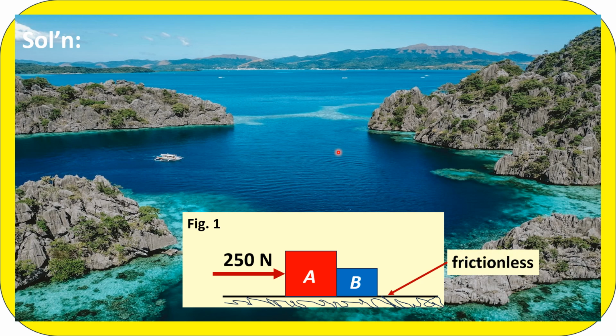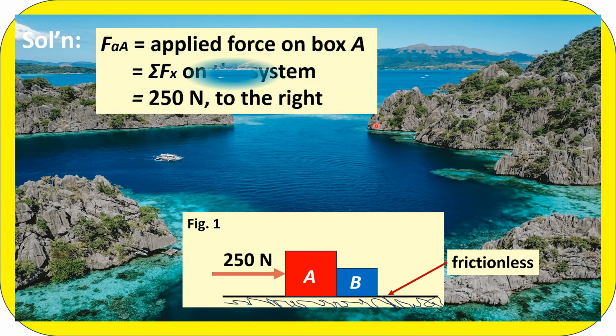We emphasize that in the situation, the horizontal surface is considered frictionless and that the two boxes, box A and box B, are directly in physical contact with each other. So the force applied, 250 newtons, is considered the net force along the horizontal acting on the system, meaning the combined masses, MA and MB.